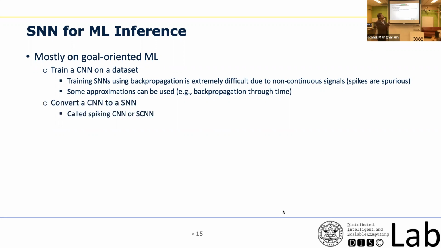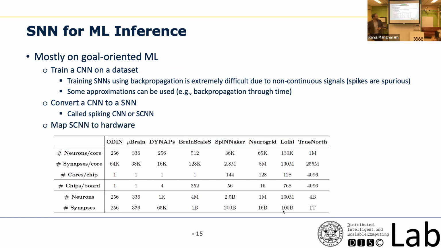Then you convert the CNN into a spiking neural network. We call it a spiking CNN or SCNN. And finally, you map the SCNN to the hardware.